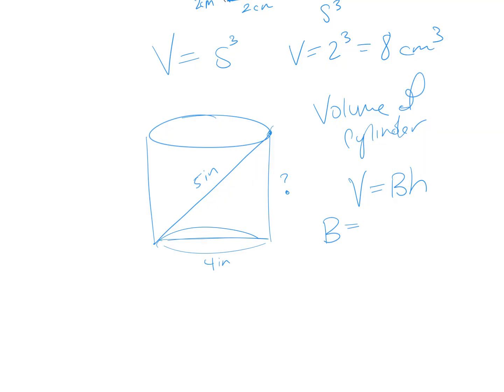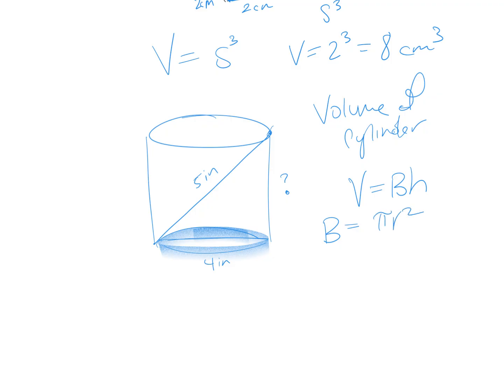Capital B is going to be the radius. No. Capital B means area of the base. What shape is the base of a cylinder? A circle. So pi r squared.